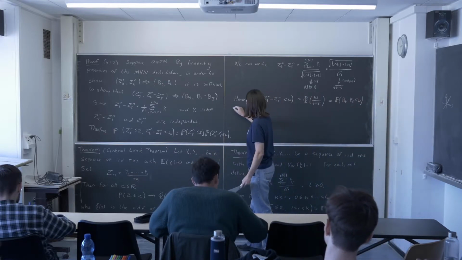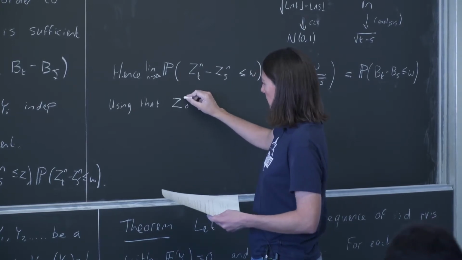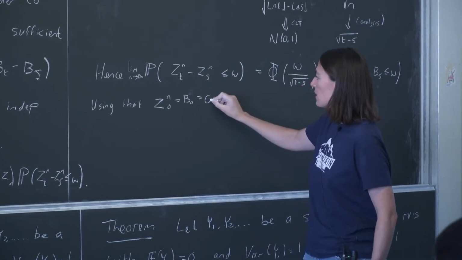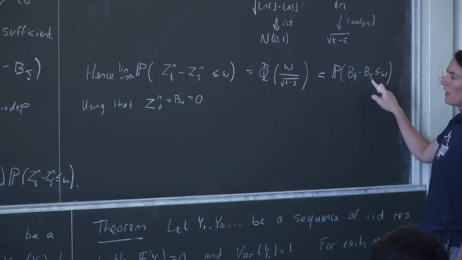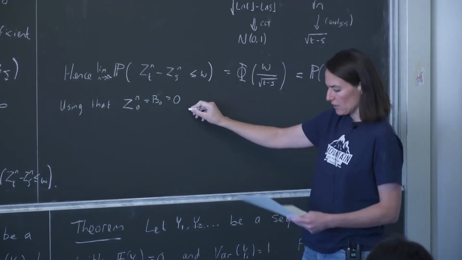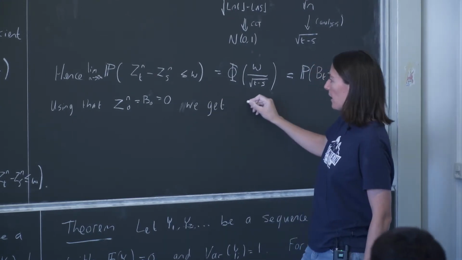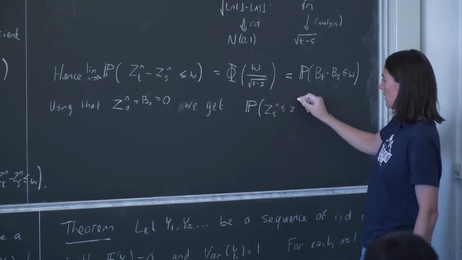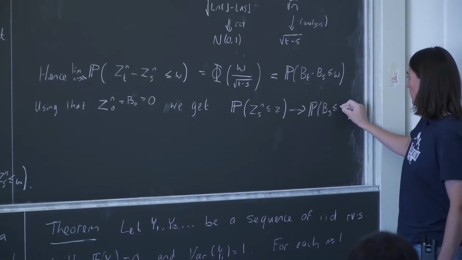Okay, so using that Z_0^N is equal to B_0 is equal to 0, so using that both processes start from 0, we could just set s equals 0 in both of these things and t equals s, and so we get that the probability that Z_S^N is less than or equal to z converges to the probability that Bs is less than or equal to z.